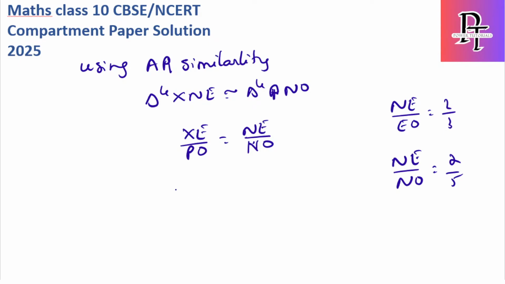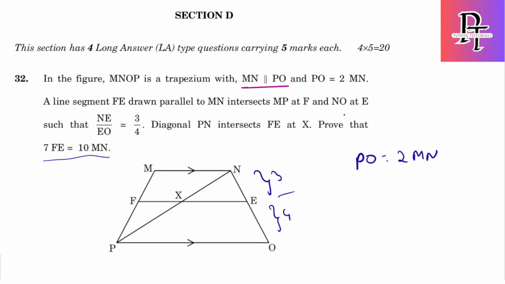Okay, so now I can say XE by PO is equal to 2 by 5, and XE will become 2 by 5 PO. But I don't want it in PO, I want it in terms of MN. We have the relation PO is equal to 2MN.